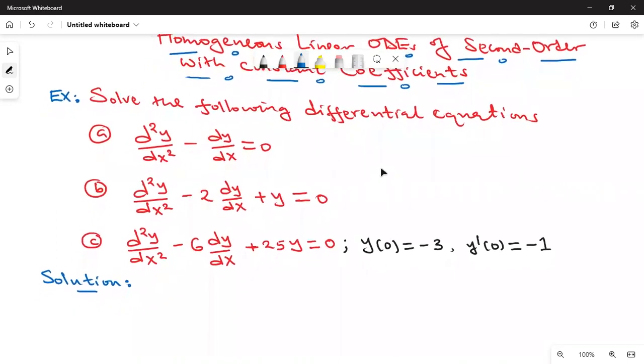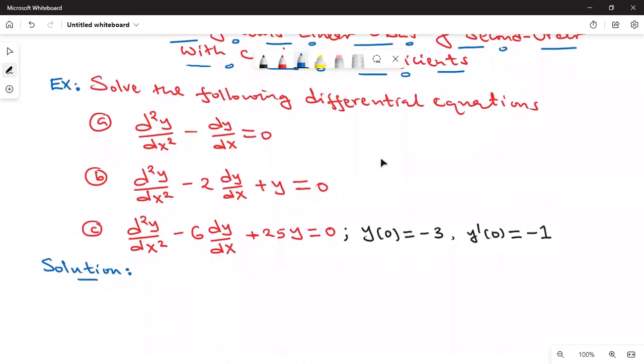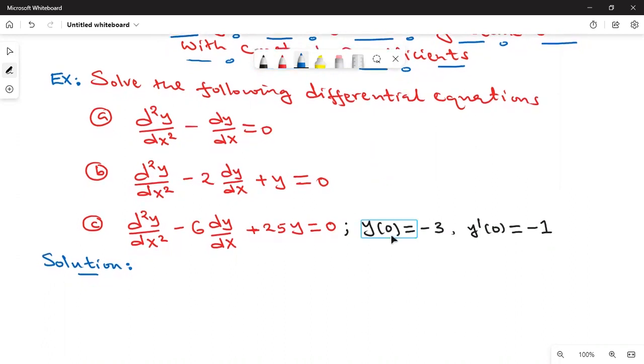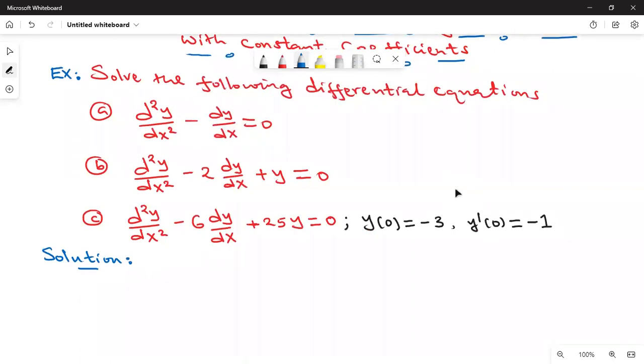And in part C, we have d squared y over dx squared minus 6 dy over dx plus 25y is equal to 0, subject to the initial conditions that when x is 0, y is equal to negative 3, and also when x is 0, y prime is equal to negative 1. So we need to find the solutions of those three ODEs.